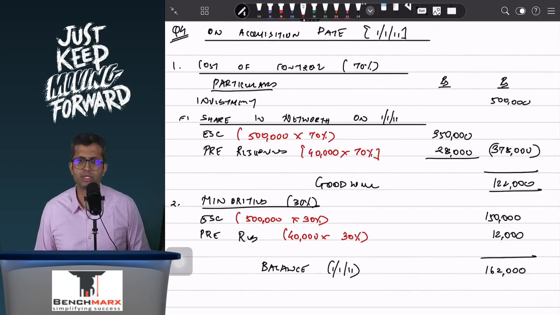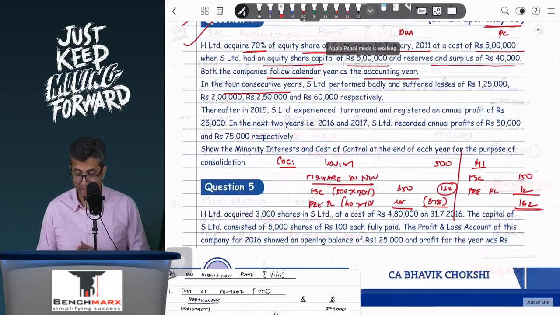This will ideally change if your minorities will change. If your profits change, cost of control will remain the same. So this is 1,22,000 as we said, and on the acquisition date, your minority is coming to 1,62,000. Now, why will this 1,62,000 change?